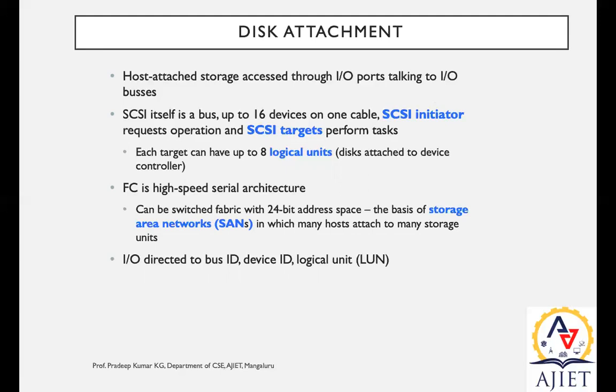So you open the CPU and identify the hard disk cable, the flat cable, right? Now you connect that flat cable to this particular disk. So you are trying to attach it, using that IO port, by considering the IO buses.